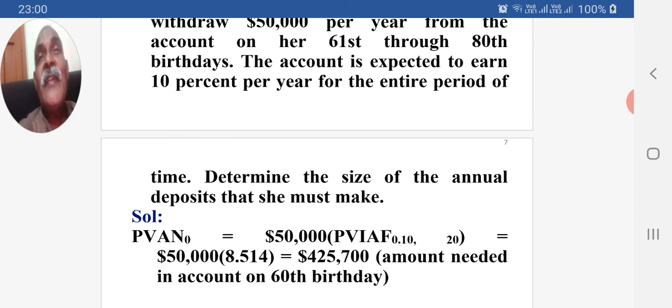So here, at the age of 60, the retirement age, first of all that will be presumed as the present value.